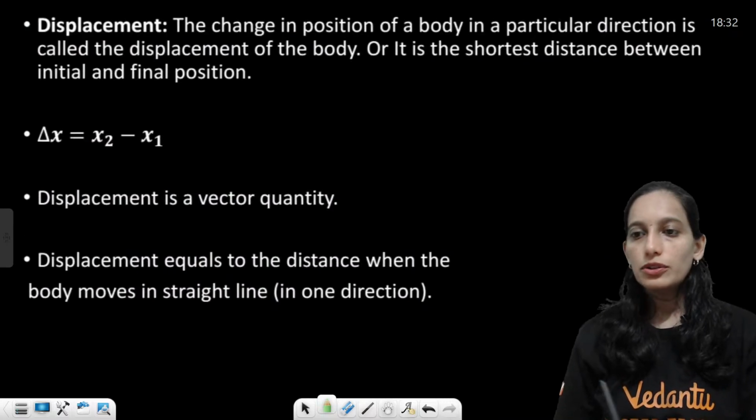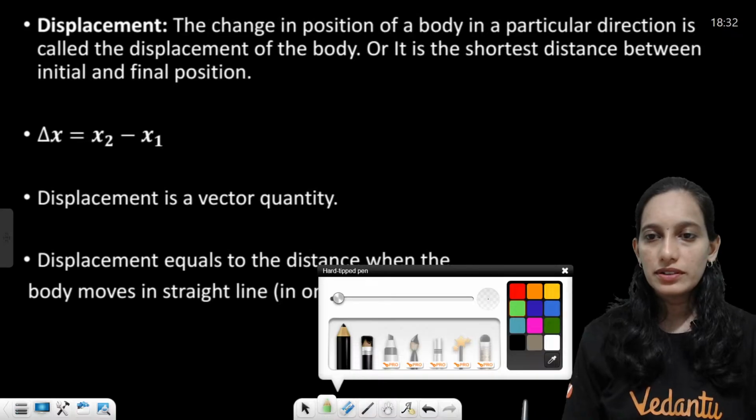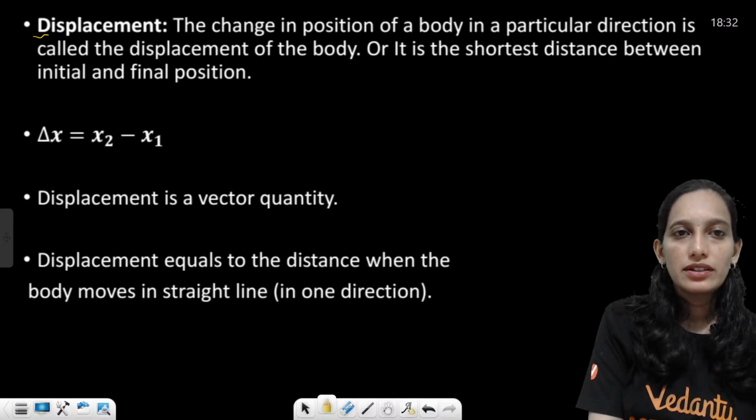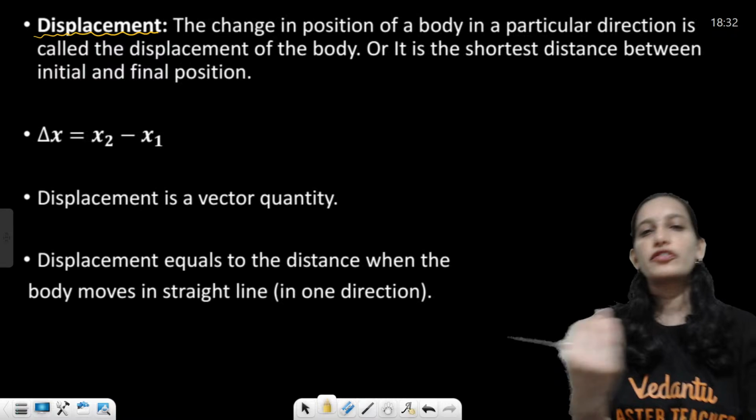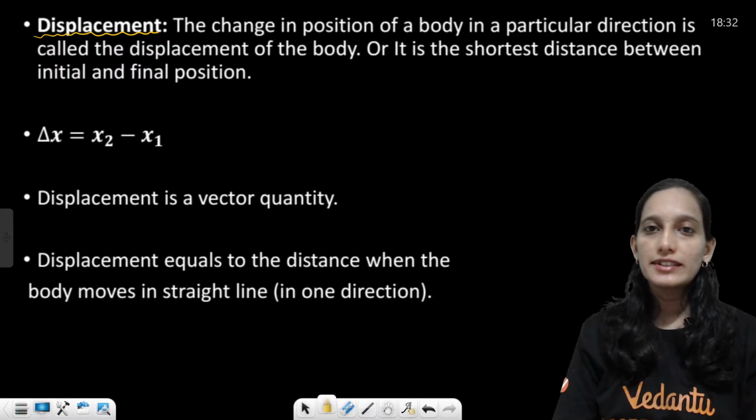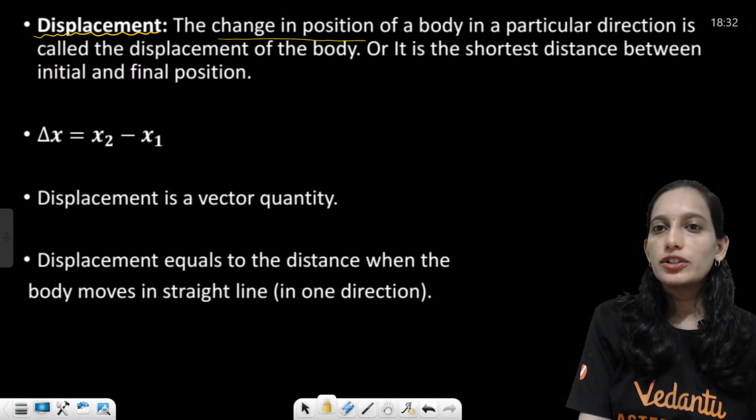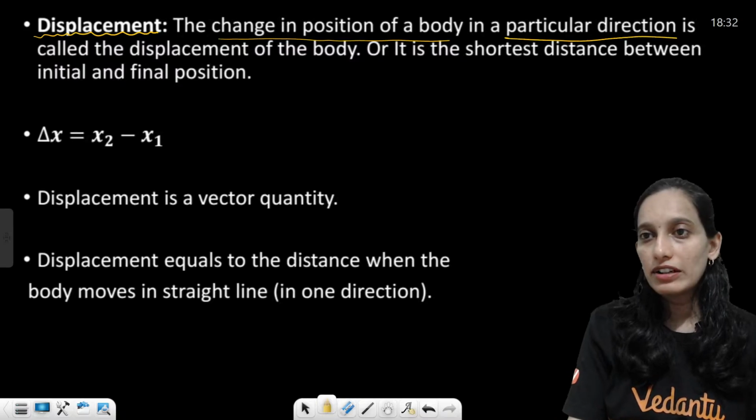Moving to the next concept, that is displacement. It is a slightly different concept. Displacement is the change in position of a body in a particular direction.